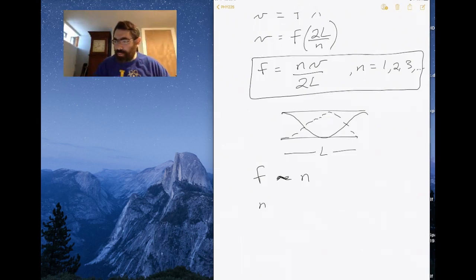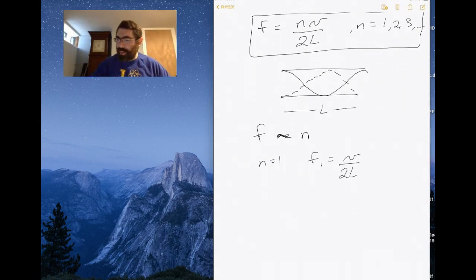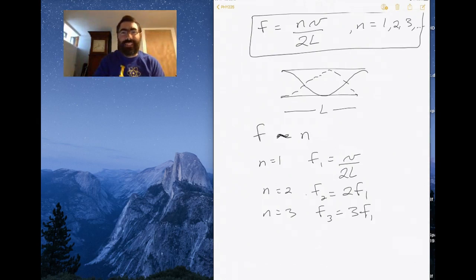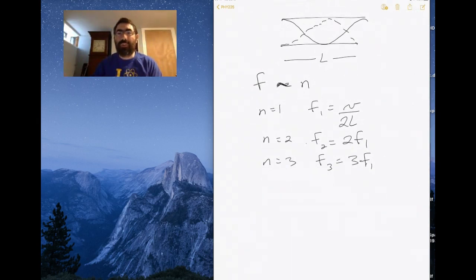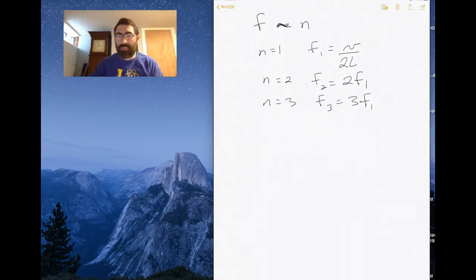So if n equals 1 is our fundamental, or our lowest harmonic, then we would have F1, which would be the speed divided by twice the length of the pipe. And then for n equal 2, you just have 2 times F1. For n equals 3, we would have 3 times F1. So working with frequencies, it's much easier to figure out the different frequencies you need. They just go linearly.